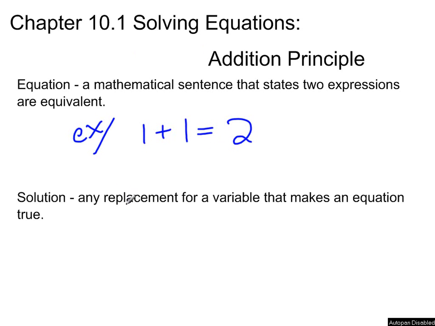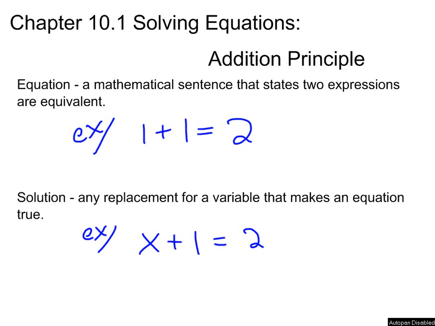Now what we're going to do is have solutions of equations, in which we want to solve equations. And a solution is any replacement for a variable that makes an equation true. So real quickly, let's give ourselves an equation in which we have, instead of constants only, some variables thrown into the mix. We have x plus 1 equals 2.